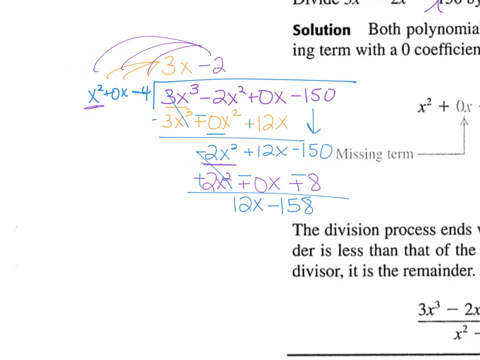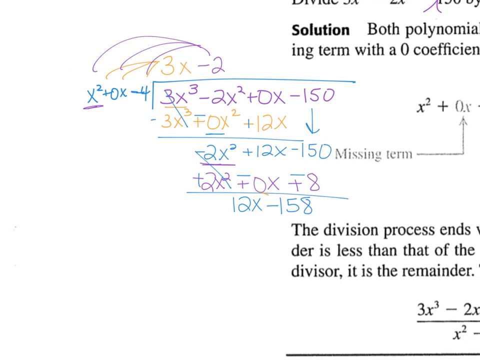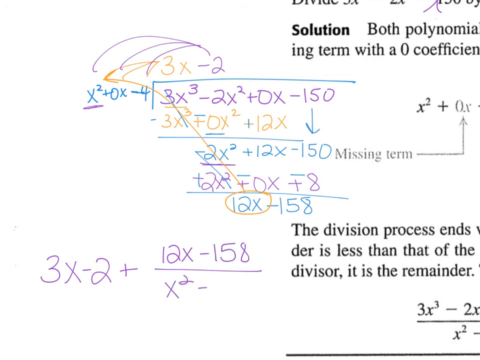And then what's in the bottom has decreased to a power that is lower than what's on the outside. So you know you are finished, and that's your remainder. So I'm going to rewrite my quotient, which is 3x minus 2, plus the remainder, which is 12x minus 158, over x squared minus 4, which is my divisor.